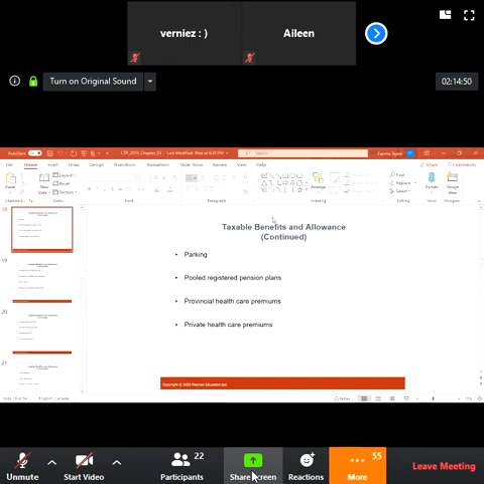In that case, it can be added to the income, as well as deducted from CPP, EI and income tax.